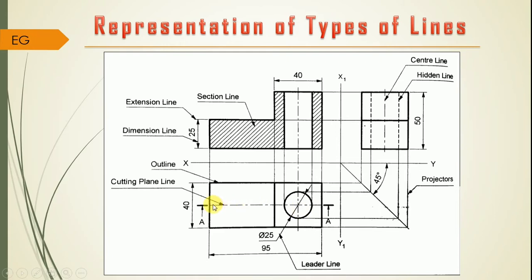So this is your cutting plane line, where we have the thicker ends, and the line is actually in the form of a continuous chain line. Then next to it, again you found the respective dimension lines and all that, which are again continuous thin lines. So this is all about the representation of major types of line that we have to use in our engineering graphics. Move to the next one.